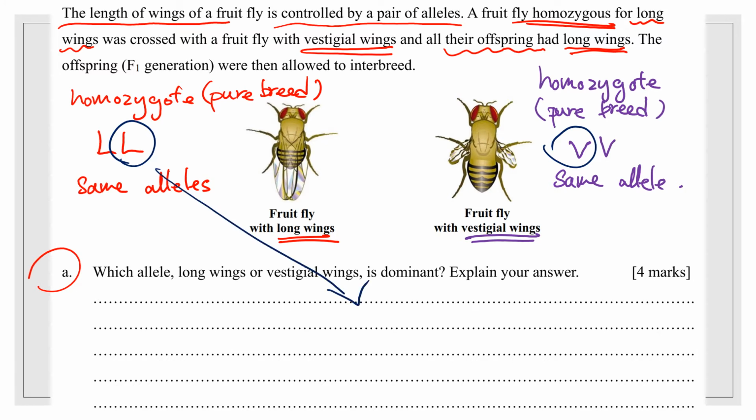When it goes together, you have both a long wing and a vestigial wing allele for the offspring. Now the question is, how do all the offspring look? All the offspring here have long wings.